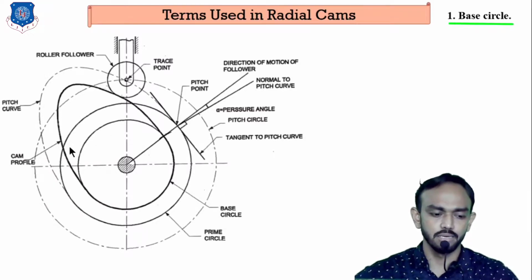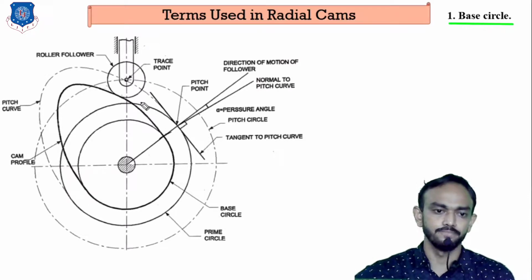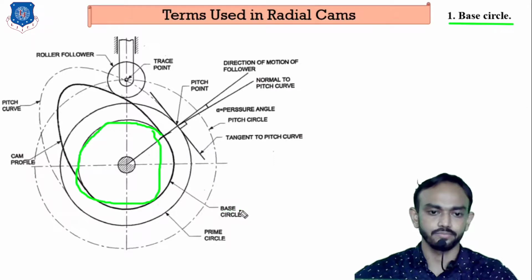You can see here the cam profile is this dark line, and the roller is here and it is touching here. So the smallest possible circle, you can see this is the smallest circle that can be drawn in that cam. So it is known as the base circle.